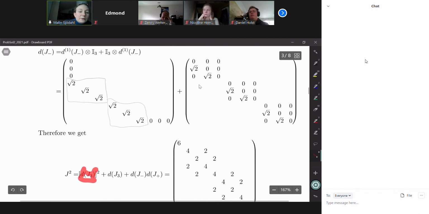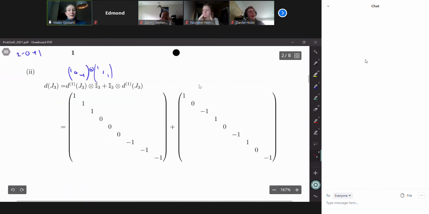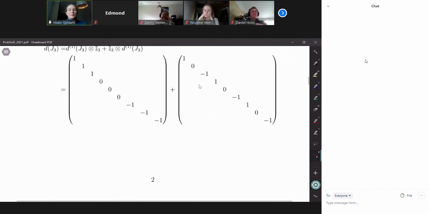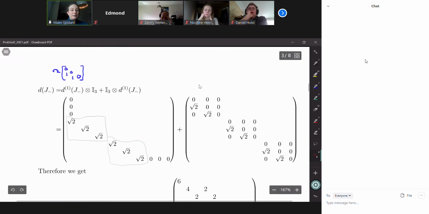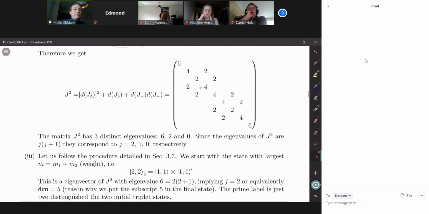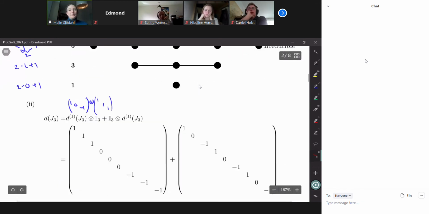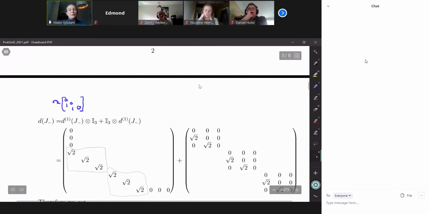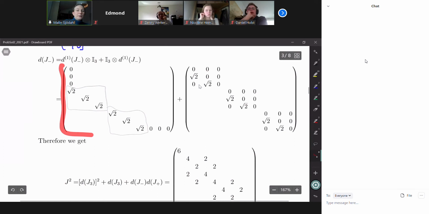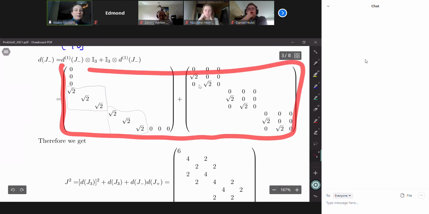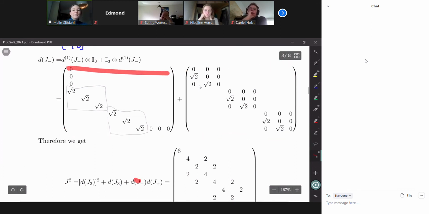So j3 we already had. That guy we had up here. It's a diagonal matrix. Then we should have j3 squared. That is also easy. It's just this diagonal matrix squared. Then we should have j minus, which we now spent some effort calculating, times j plus.